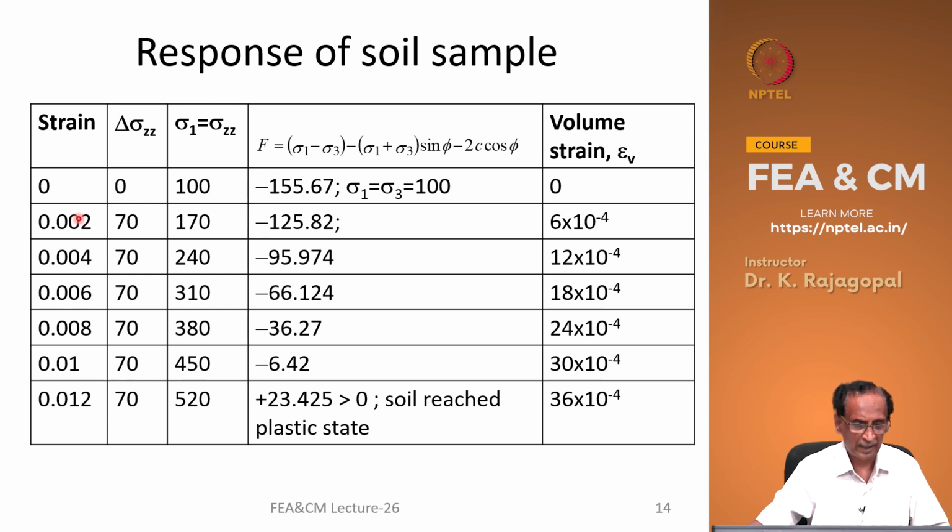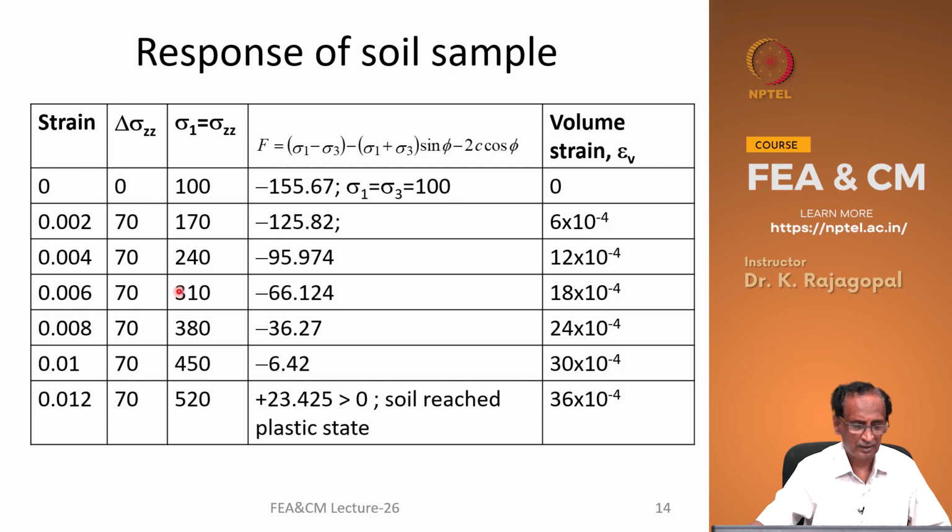Let us increase the axial strain to 0.002, and delta sigma z is 70. So, our sigma 1 is 170. Sigma 1 is the vertical stress, that is sigma z, and our F value is minus 125, and the volumetric strain increment is 6 times 10 to the power of minus 4.